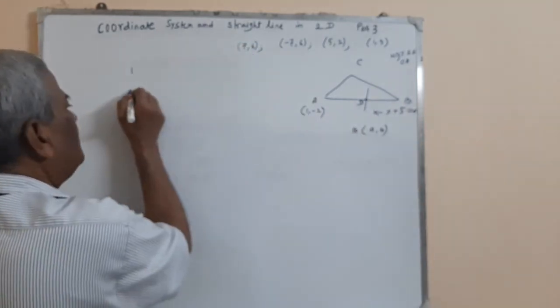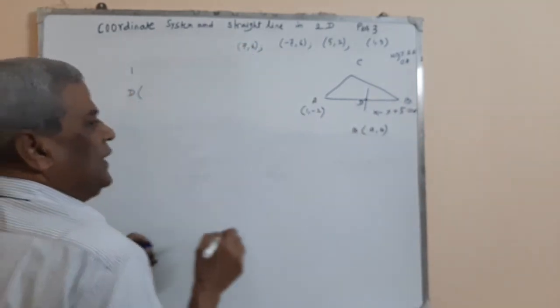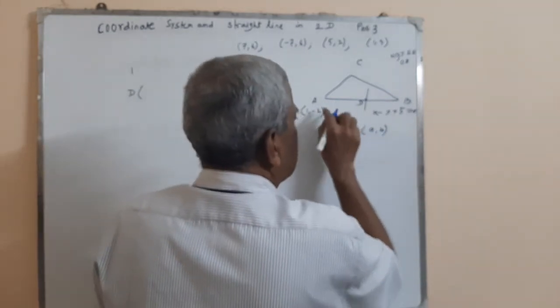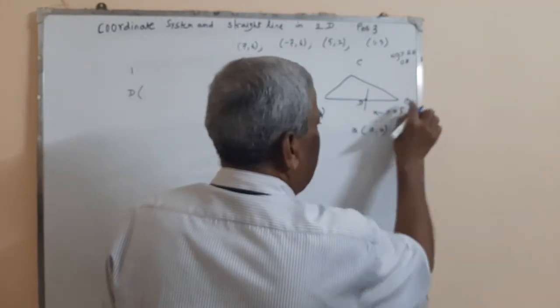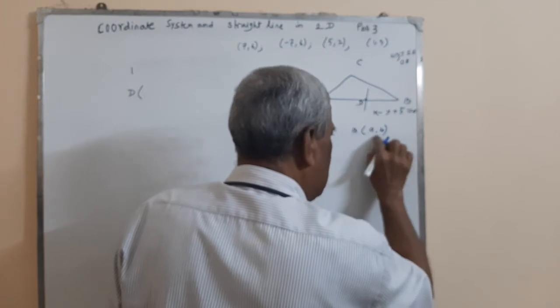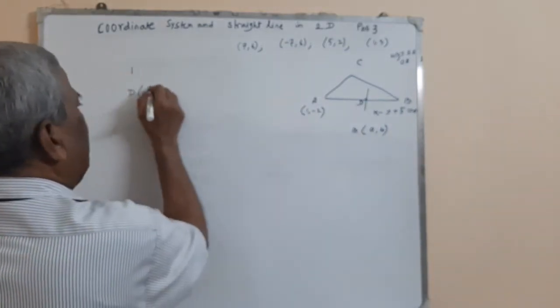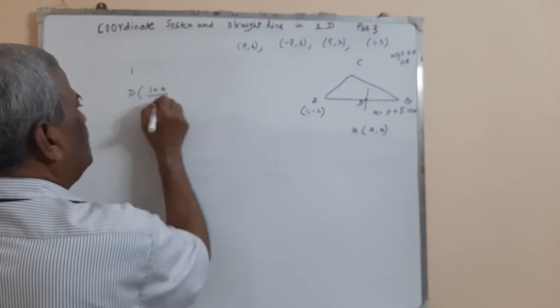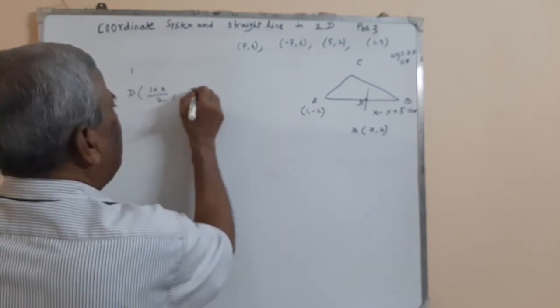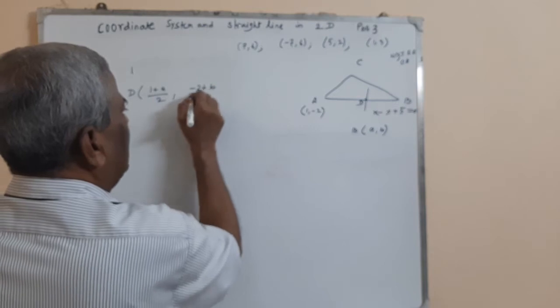Midpoint D: A is this, B, I assume this is (a, b). So its midpoint D will be (1 plus a) by 2 and (minus 2 plus b) divided by 2.